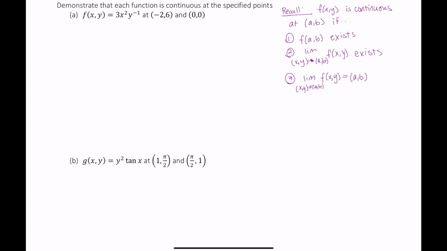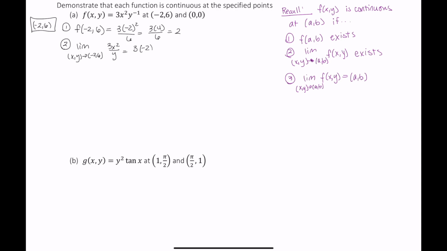Now let's demonstrate this for the first one at the point negative 2 comma 6. For the first condition, let's put in negative 2 for x and 6 for y. That gives me 3 times negative 2 squared over 6, which is 3 times 4 over 6, and that's just 2. My second condition, the limit as x comma y approaches negative 2 comma 6 of 3x squared over y, is also going to be 3 times negative 2 squared over 6, which is 2.